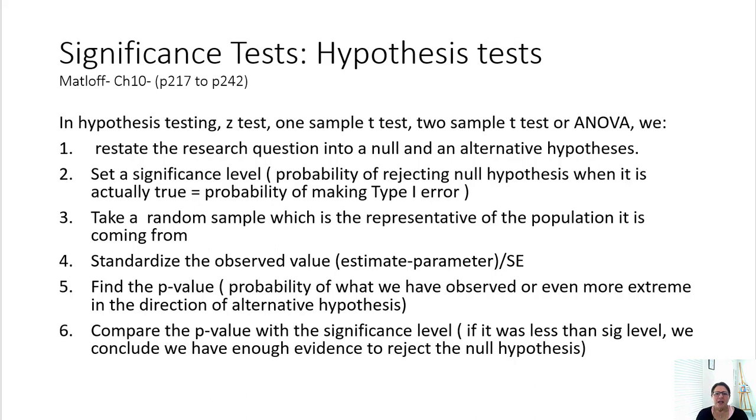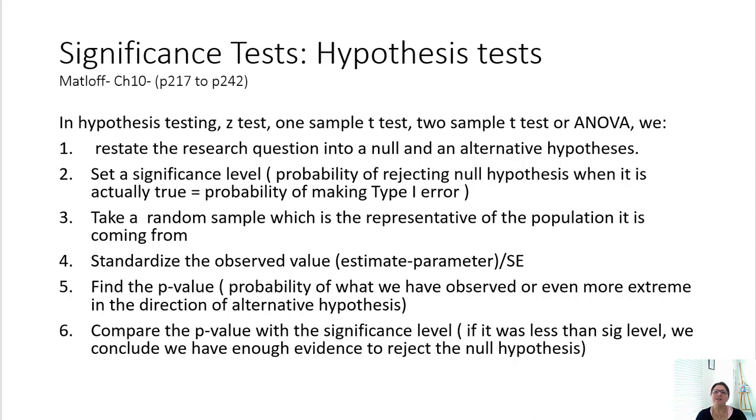Now, when we do hypothesis testing, we talk about the z-test, one-sample t-test, two independent samples t-test, paired t-test, ANOVA. It can go for a lot more tests, and they are all parametric tests. For all of those, you need to restate the research question as a null hypothesis and an alternative hypothesis.